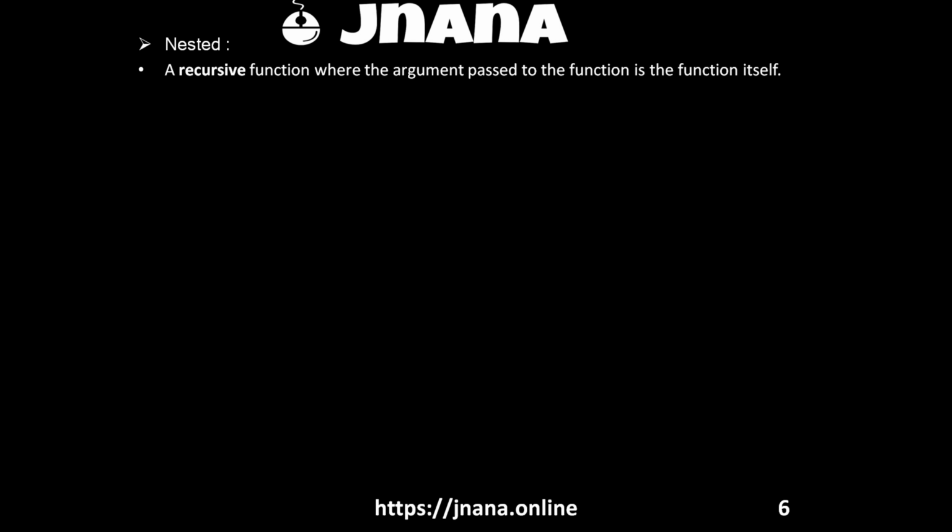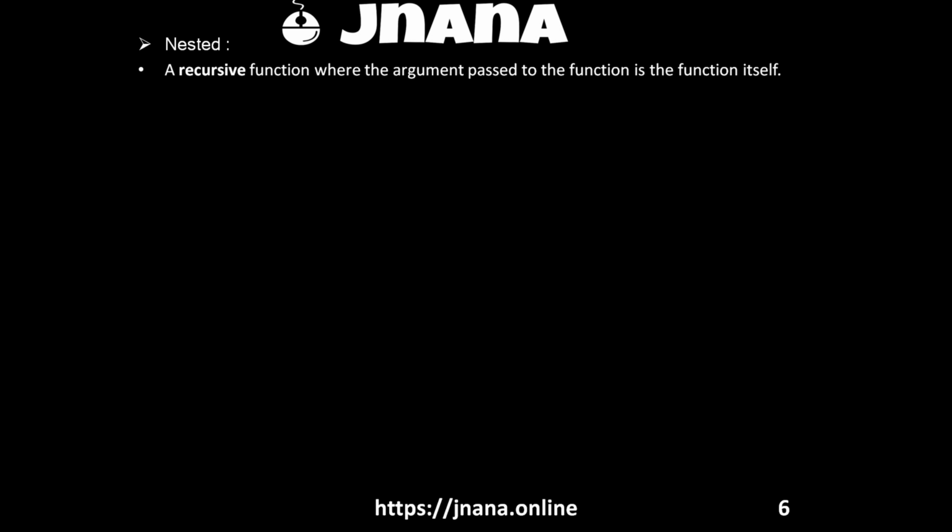Let's say we were defining a method isEven. In isEven, we have given the argument as int n. Instead of giving the argument as int n, if we give the argument as isEven, for an isEven method, we are giving the argument as isEven. So when the argument passed to the function is the function itself, then it is called a nested recursion method.